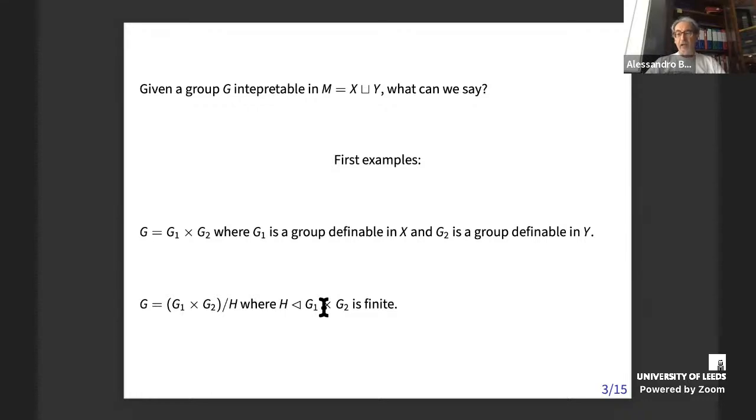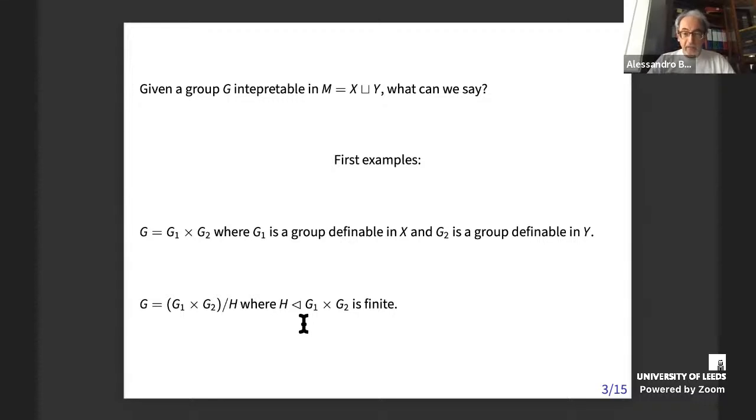Well, the trivial example would be if you have just a group inside a single sort, or you may have a direct product of groups, one inside one sort and one inside the other sort. Or you may have something slightly more general, a direct product modulo a finite center, because a finite group is definable everywhere with parameters. So are there other examples?